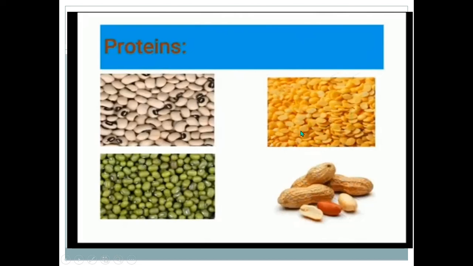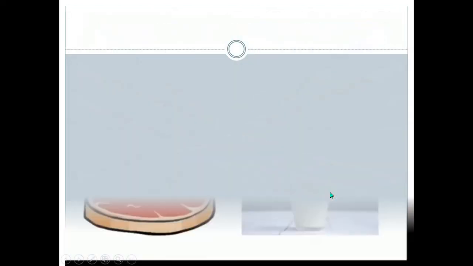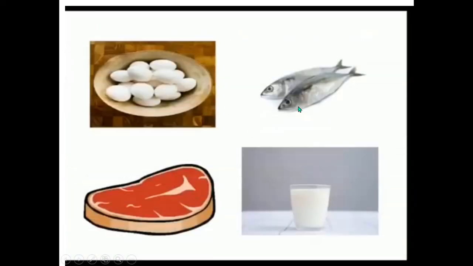Then tur dal, green gram, groundnut, and some other food items are egg, fish, meat, milk. These all contain protein. So protein-rich foods are cow beans, dal, green gram, groundnut, egg, fish, meat, milk.